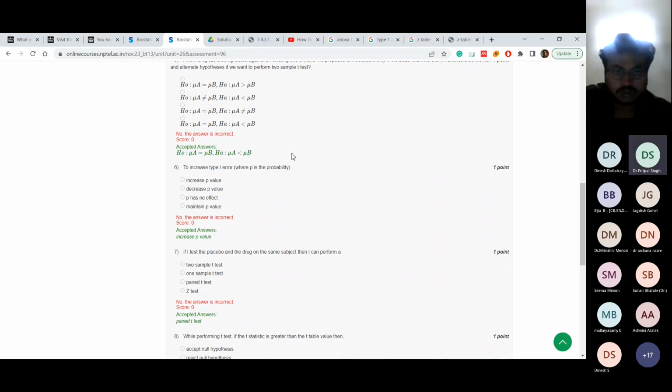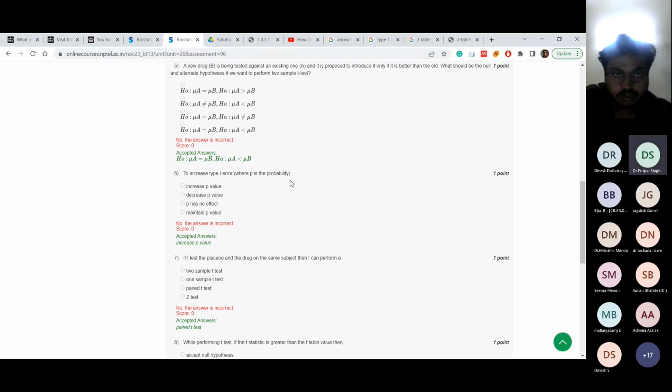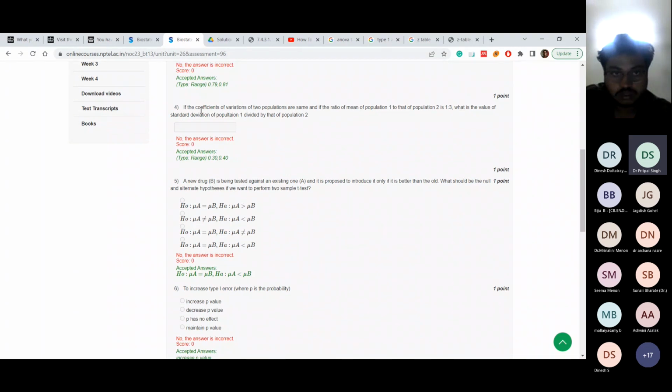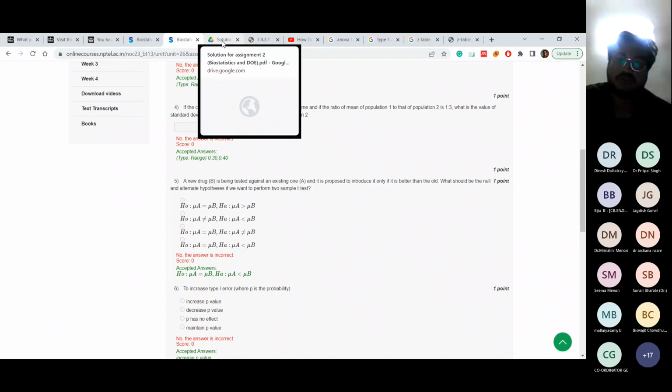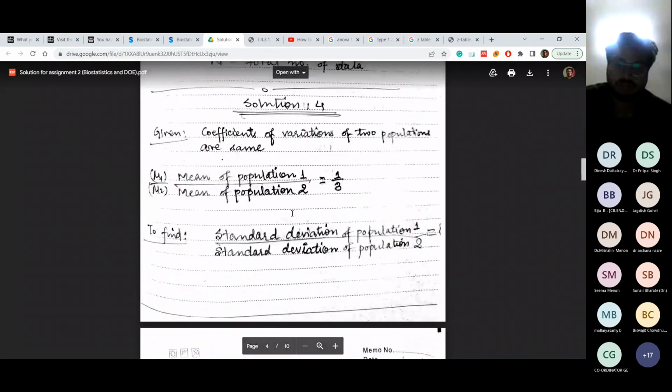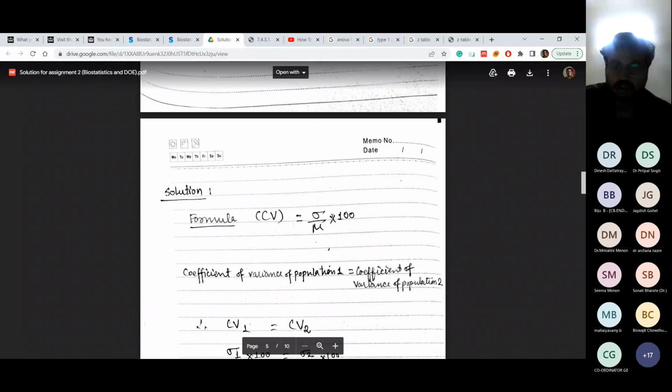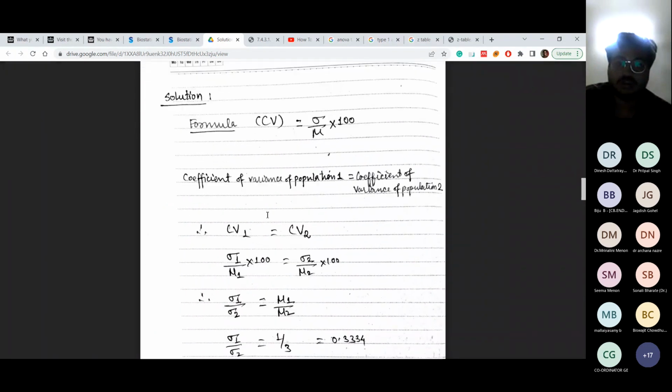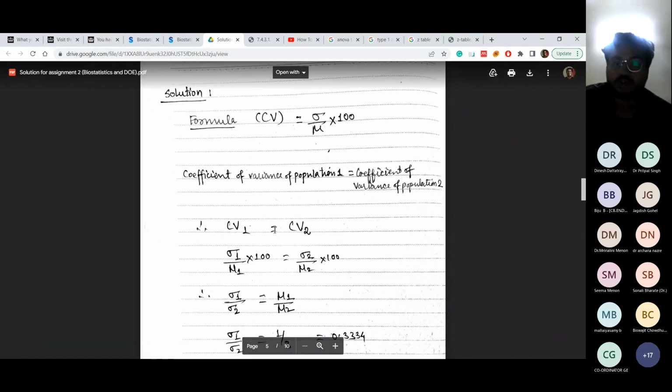And the next problem on the same line: if the coefficient of variation of two populations are the same and the ratio of mean of population 1 and 2 is 1:3, what is the value of standard deviation of population 1 divided by population 2? Coefficient of variation is given as sigma by mu into 100. We know that the coefficient of variation of both the populations are the same.